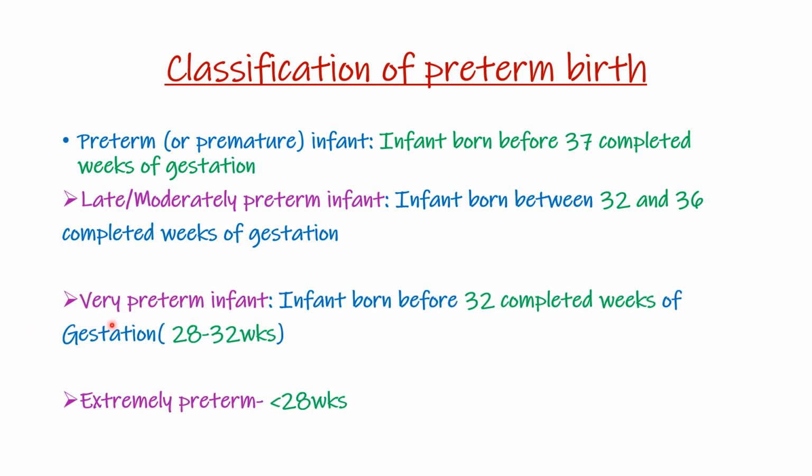Then we have very preterm infant, an infant born before 32 completed weeks, meaning 28 to 32. And then we have extremely preterm, which is less than 28 weeks of gestation.